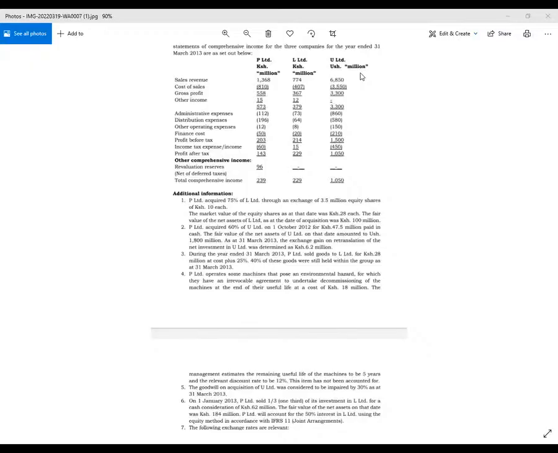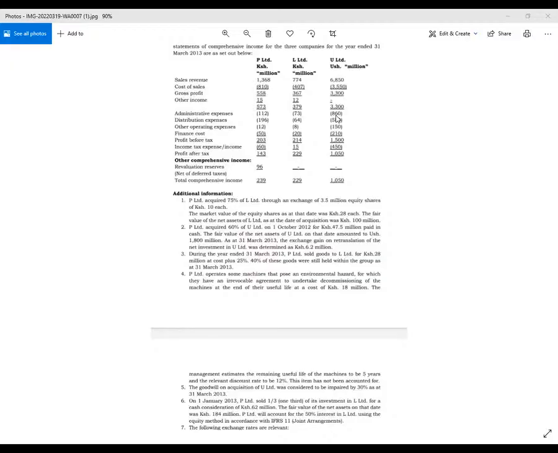After that, ladies and gentlemen, we have distribution. I'm not able to see those figures very well, but with your help, I'm sure we shall. So the administrative expense is 860. From there, we have distribution expenses.